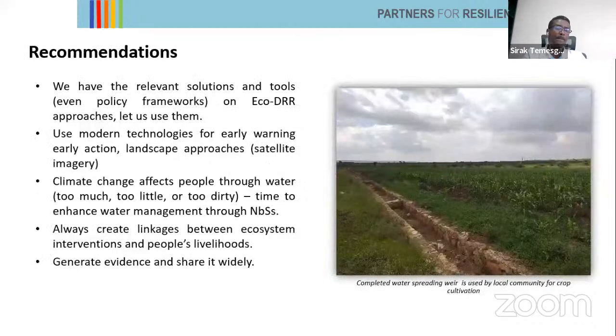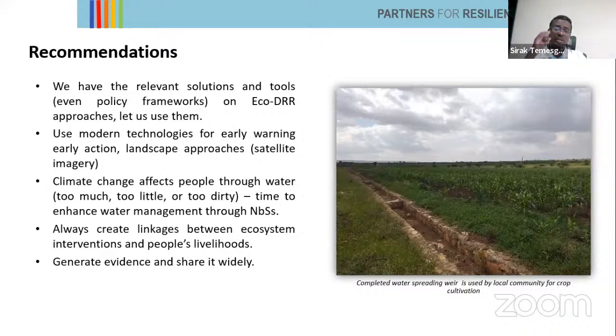Next. We have 4 recommendations. These relevant solutions and tools, and even policy frameworks, can support the adoption and promotion of Eco-DRR measures at various levels.